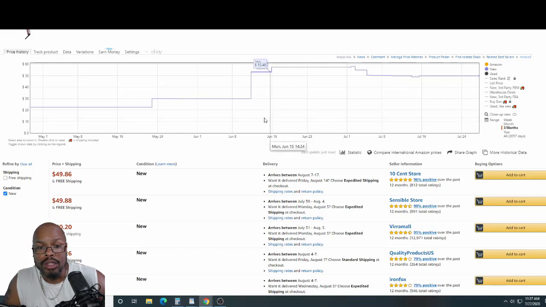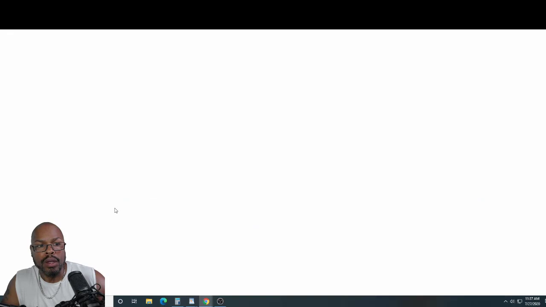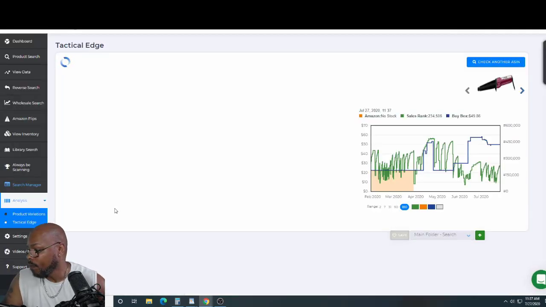Doing a quick glance at the Keepa chart, you can see where this has been hanging out. And again, you can get deeper into the product by just clicking here and watch what happens. Remember how we use the software to really delve deep.